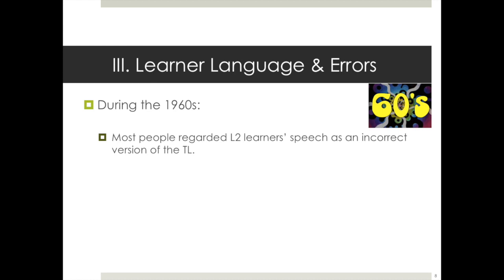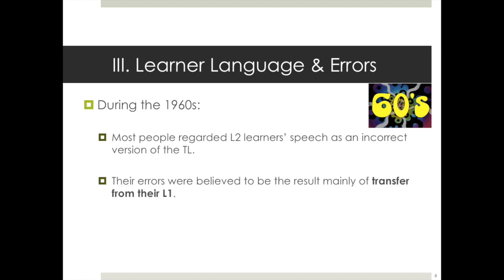And this perspective on language learning looks at second language learners as always in a deficit state, never really attaining the target language, always compared to the speech or performance of native speakers. So it's something incorrect.